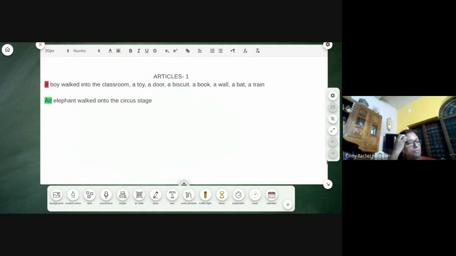Now, here we'll go on to the next example for the other indefinite article, an. An elephant walked onto the circus stage. We are talking about an elephant.